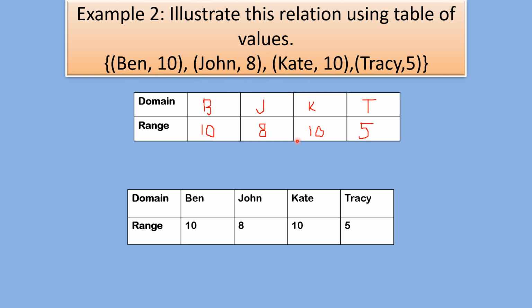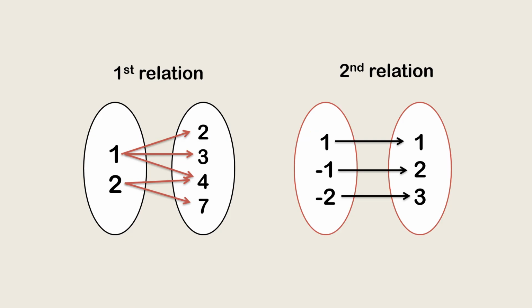Okay. Okay, now, mamaya, magsasend ako sa inyo ng activities. You're going to answer the given activities. Okay, tapos ipapass nyo sa akin. And, okay, let's have this. Now, I have here two relations.